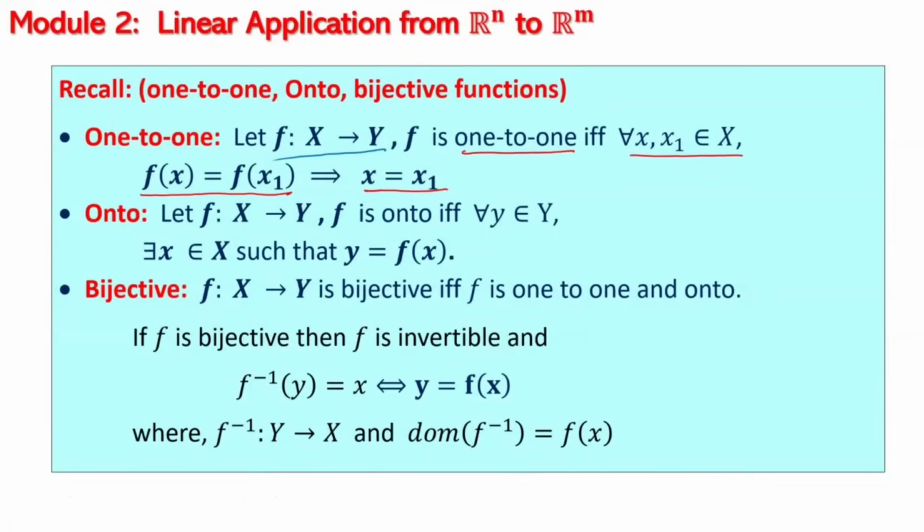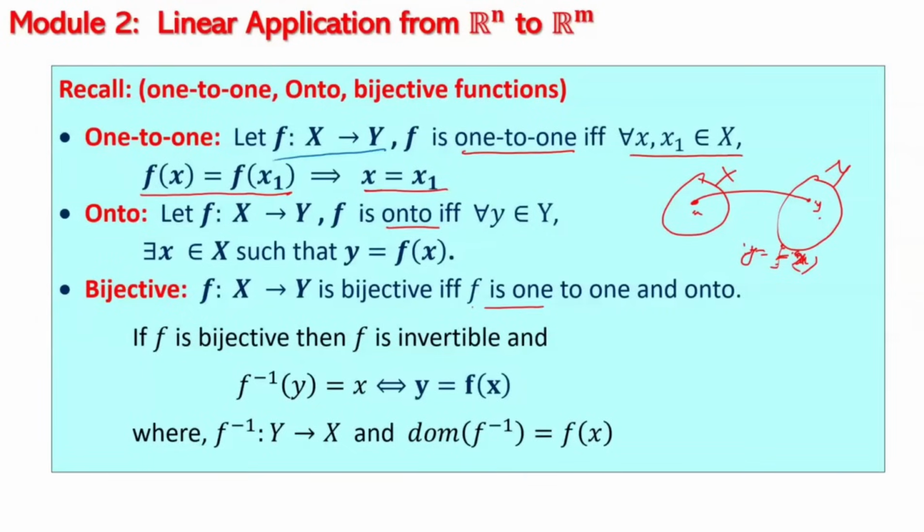So this is called one-to-one. Onto means that from the domain set Y and from X, if you choose any y, automatically you should have some entry x in X such that y equals f(x). If for all y there exists an x in X such that y equals f(x), that is called onto.